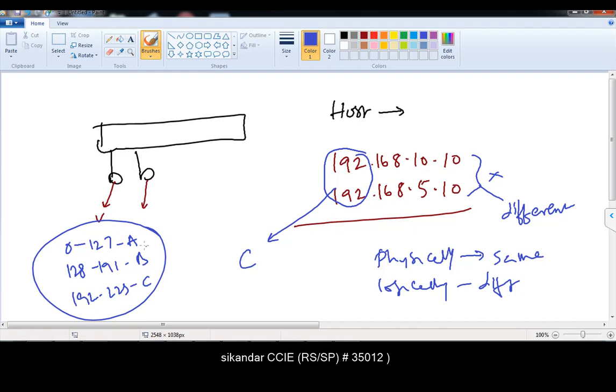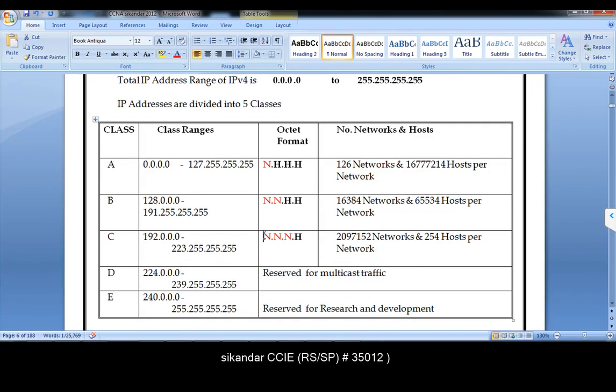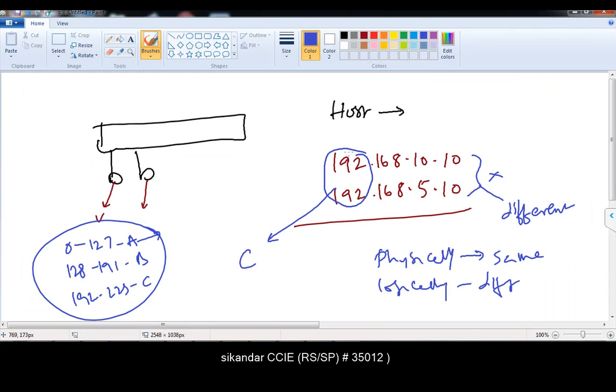In the C class, as we already discussed in our previous example, there are 3 network portions and 1 host portion.